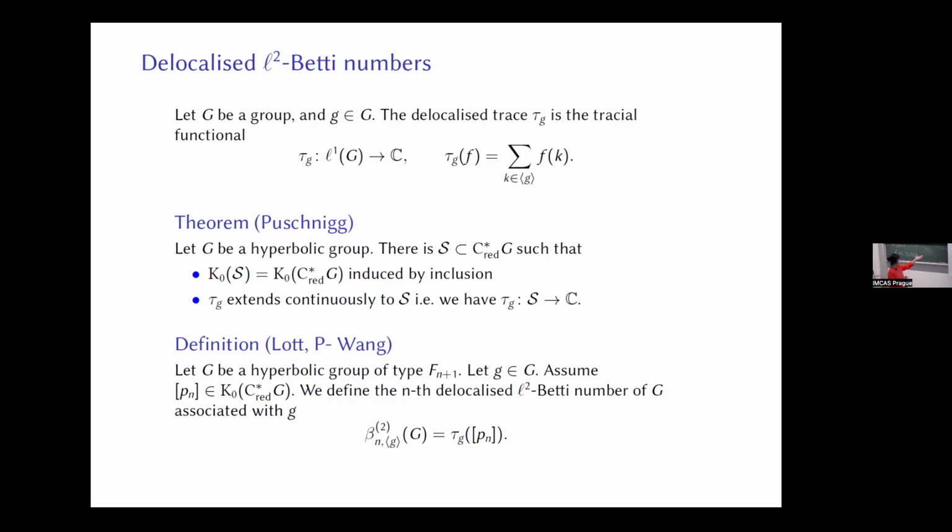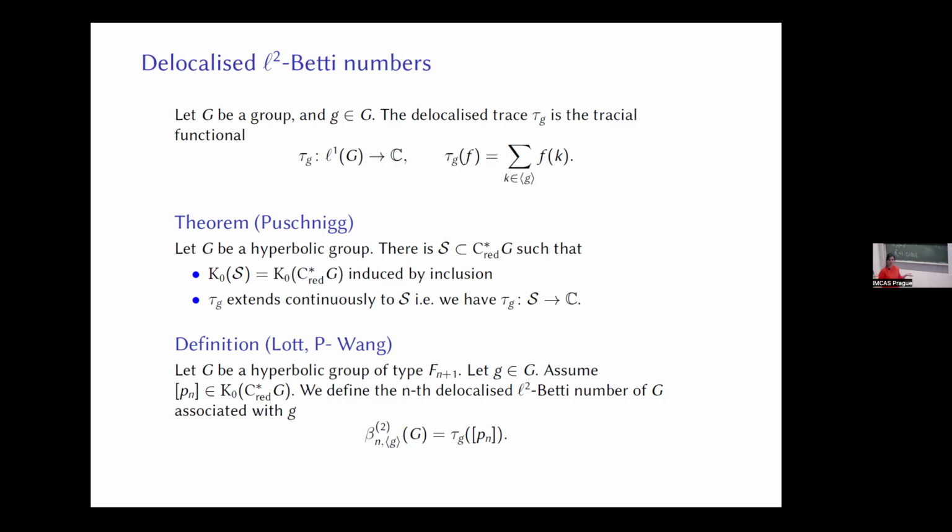Obviously, we are in more restricted circumstances than what we had for L²-Betti numbers, because that is defined for any discrete group. Here, of course, we want the group to be of type Fn+1 in order to fit this setup, and we require G to be a hyperbolic group. This is because we only have Puschnitz's result to extend these delocalized traces to the level of a smooth subalgebra.